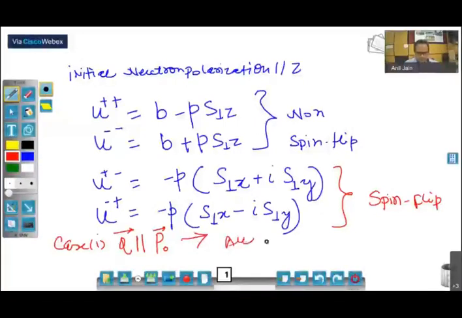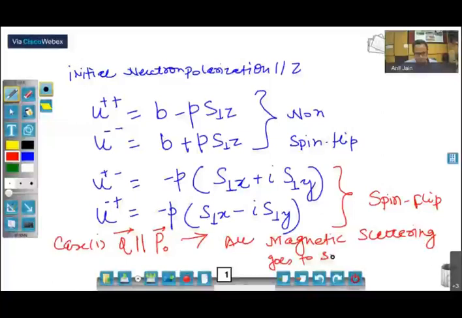So all magnetic scattering... please understand, because if the Q is parallel to P and let's assume it is the z-axis, then this part, which is representing the magnetic scattering contribution, becomes 0.